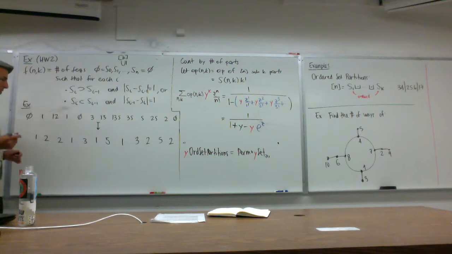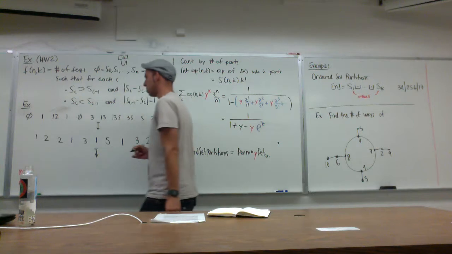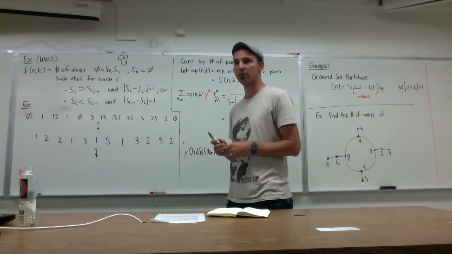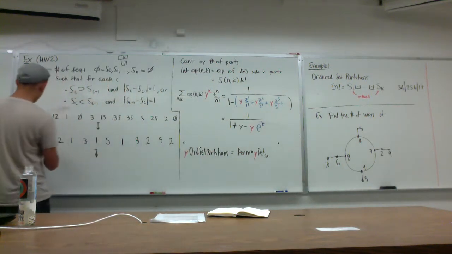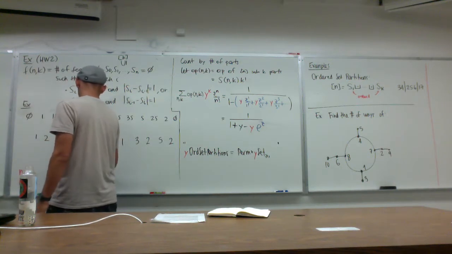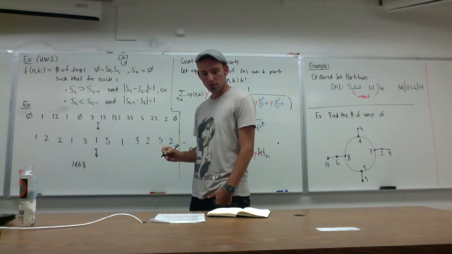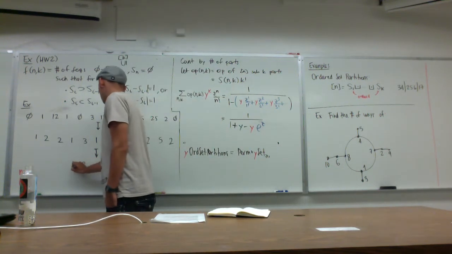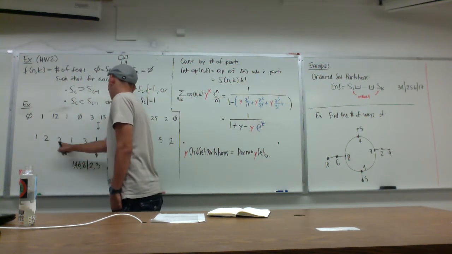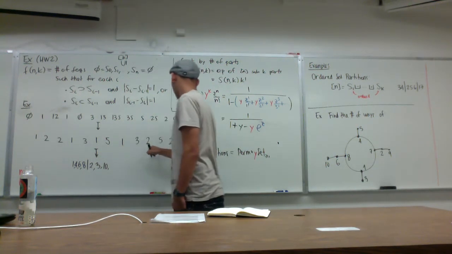Now, another equivalent way of writing this is just to say, where are the 1s, where are the 2s, where are the 3s, where are the 4s, where are the 5s. So where are the 1s? The 1s are in positions 1, 4, 6, and 8. Then where are the 2s? The 2s are in positions 2, 3, 4, 5, 6, 7, 8, 9, 10, and 12.